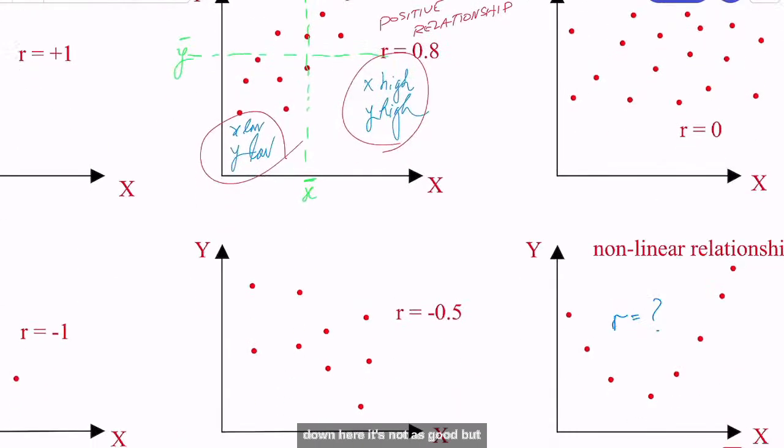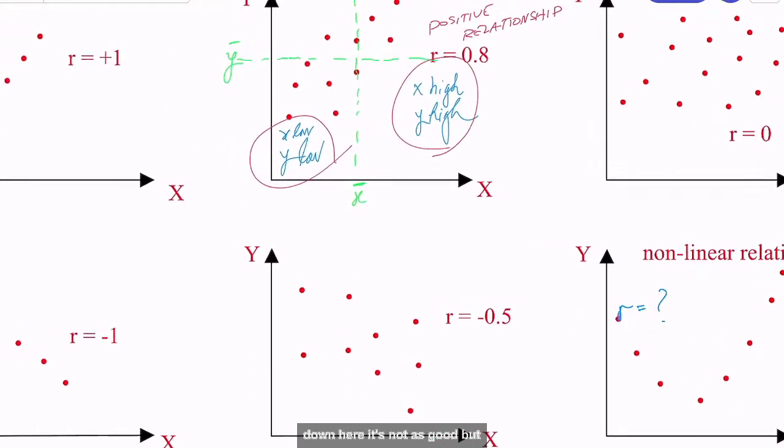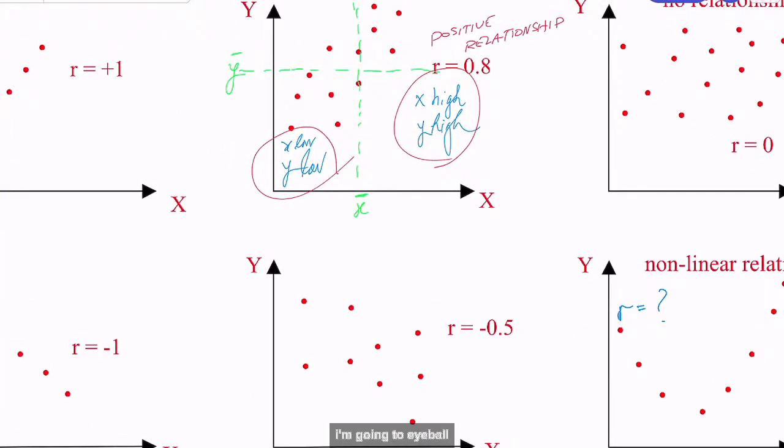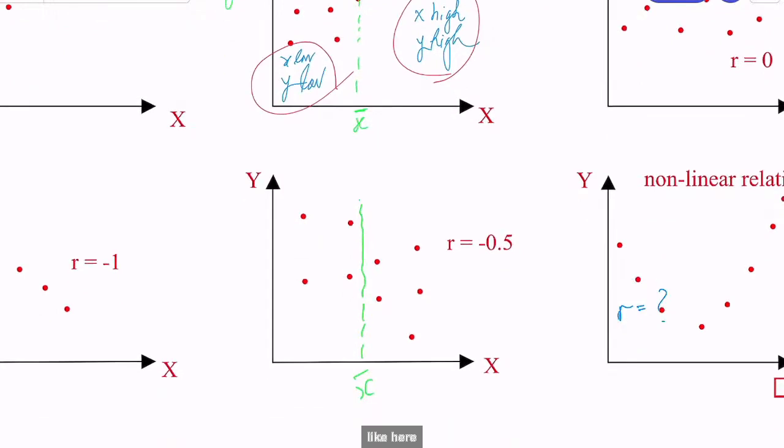Let's try another one. Let's try this one down here. It's not as good, but let's try and divide the data in half. So I'm going to eyeball like here. And then y divided in half is like, oops.